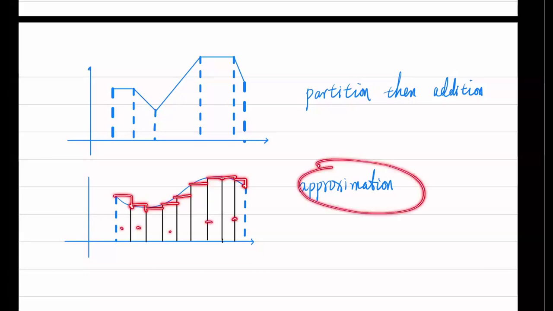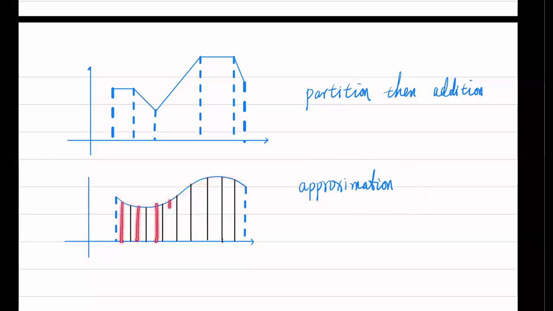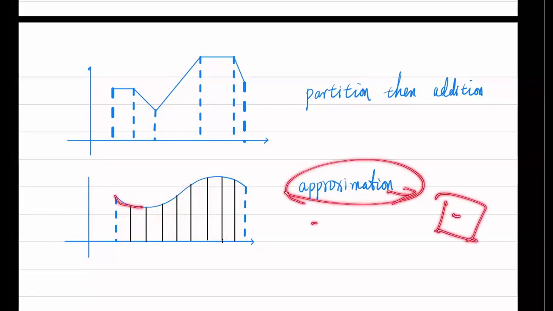Then we make better partitions, which will give us better approximations. Each time we make the partition finer and finer, we have better and better approximations. In the end, the approximations will converge to a number, and that number will be the area. So this is the idea behind the integral.